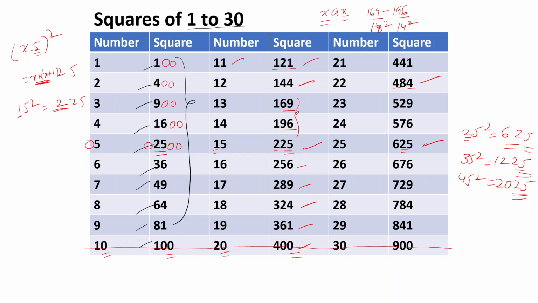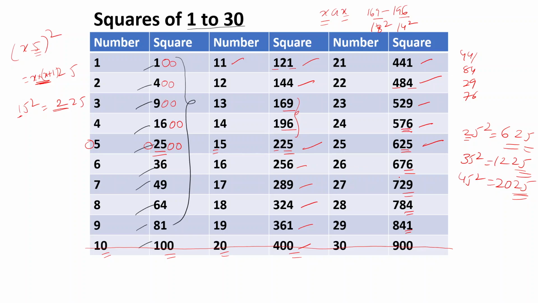Now coming to 21 whole square, this is 441, and 484, and 529 and 576. So if you remember 441, 484, 529 and 576, it is easy to remember 26 whole square, 27 whole square, 28 and 29. How is it? See, this 76 will repeat in the 26th whole square.